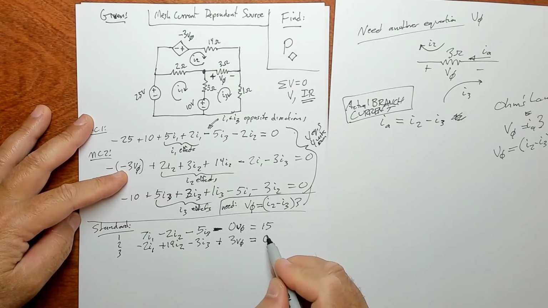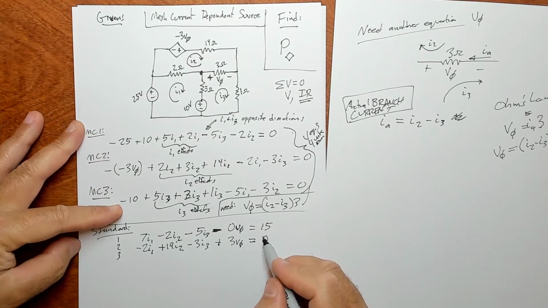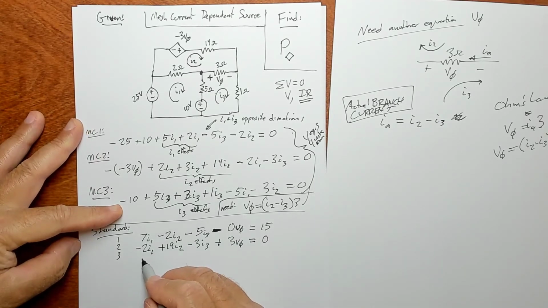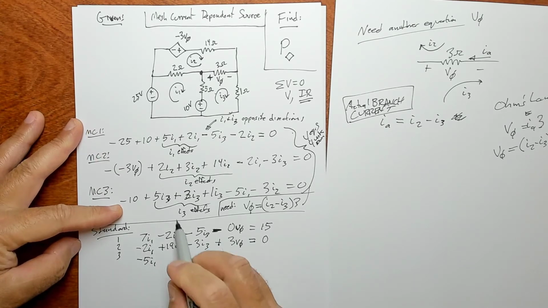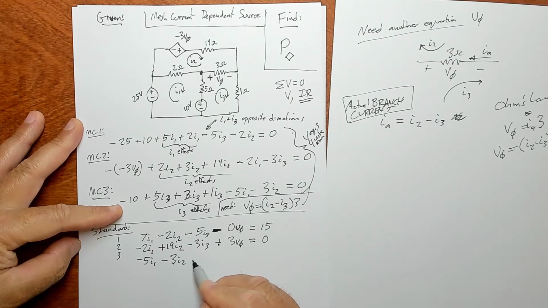Those sum to 0. This guy is going to be minus 5 I1. When you factor out the I1 terms, minus 3 I2, factoring out the I2 terms, and then 9 I3. And there's also no V phi in this guy, and those sum to 10.